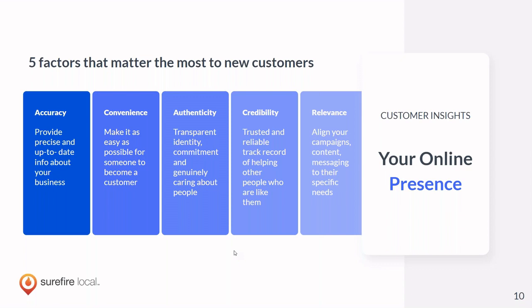And relevance. Align your campaign's content and messaging to the specific needs. So again, that's sort of the summarization point there at the end. You're taking all of these other 4 factors, you're combining them, and you're making sure that the content that you're pushing out to your website, to your social media, and that you're posting on your Google business profile speaks to all 4 of these areas, that you're pushing out to the needs of your customers and your prospects.